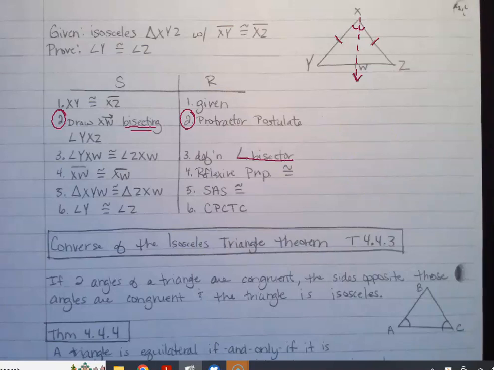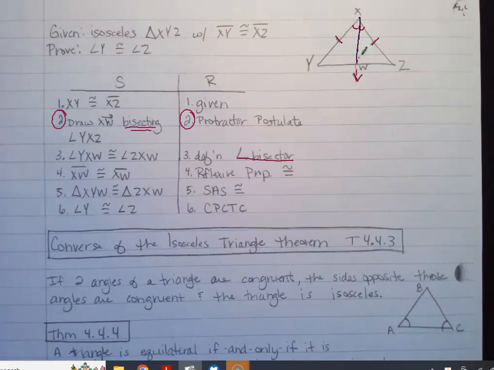Okay, good point. All right, so we're able to say that angle YXW is congruent to angle ZXW. And then we've got XW is congruent to XW. If we actually made that a line, that's the reflexive property, because we've split this triangle into two parts.